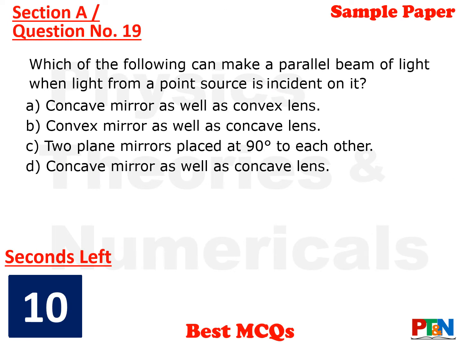Next question, question number 19. Which of the following can make a parallel beam of light when light from a point source is incident on it? 4 options. 10 seconds time for you. Your time starts now.